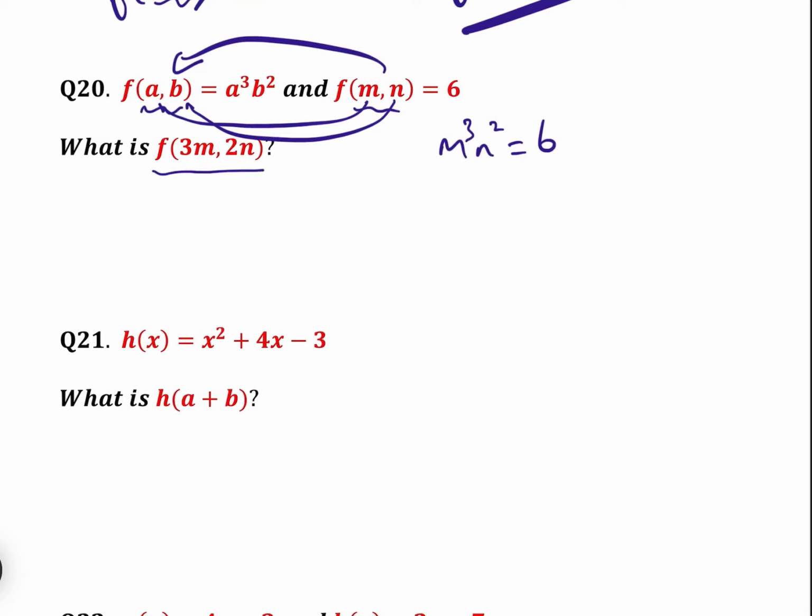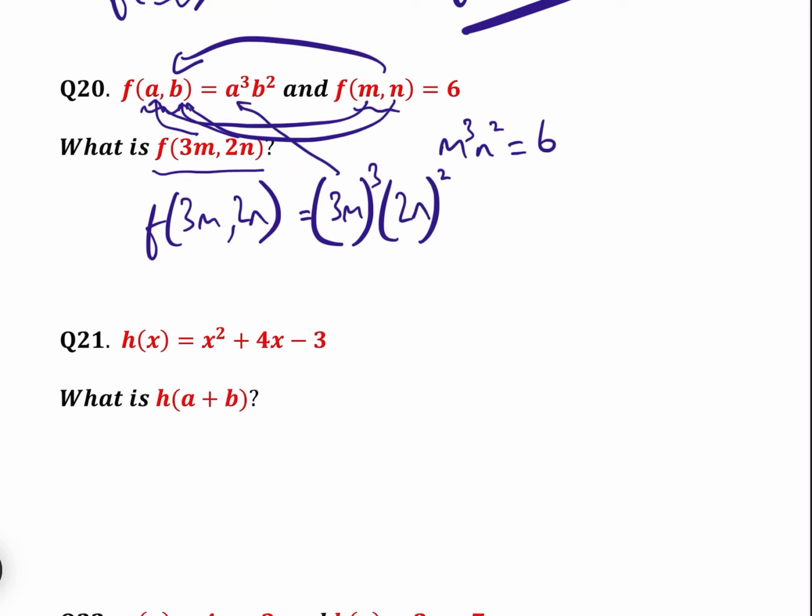And we want to find what is f of 3m 2n. Well, we have to put 3m instead of a and 2n instead of b. So f of 3m 2n would be 3m cubed times 2n squared, which is 27m cubed times 4n squared, which is 108 m cubed n squared.